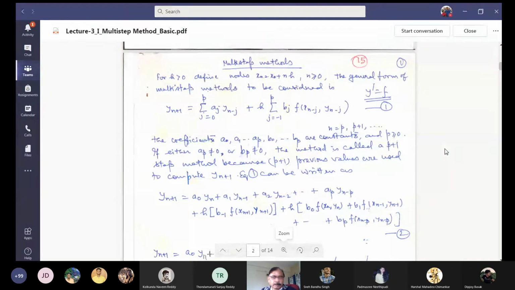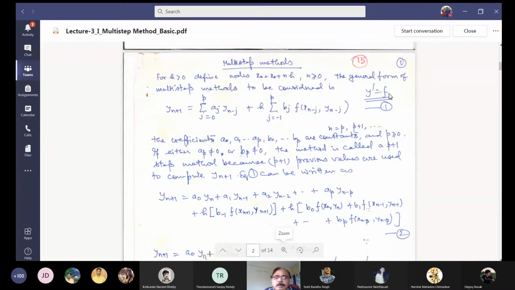Now, can you see the other slide? Yes, sir. Okay. So let me write this multi-step method. Let me explain the notations for y prime equal to f.